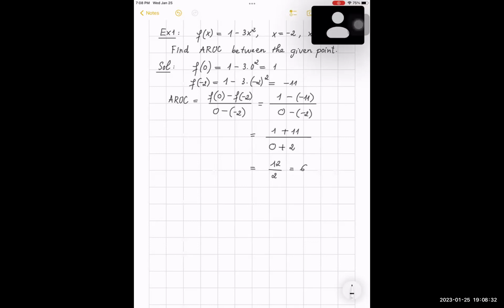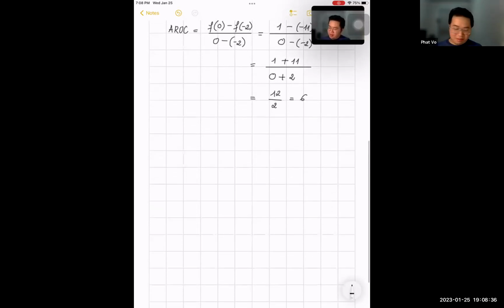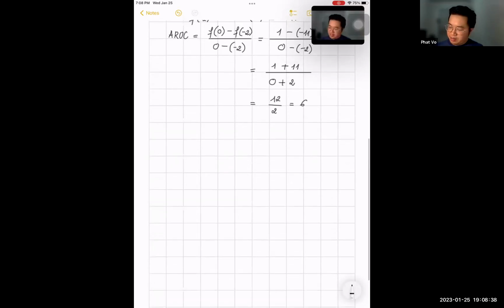Yeah, no problem. Okay. So now I will move on to the next example, which is more difficult. I will give you the function f(x) equal to square root of x, and the given points here are a and a plus h.